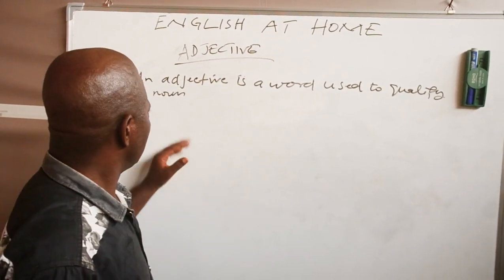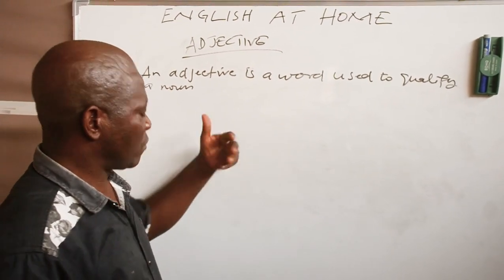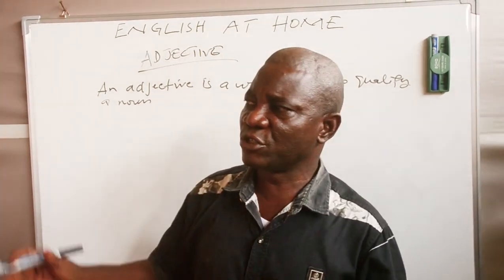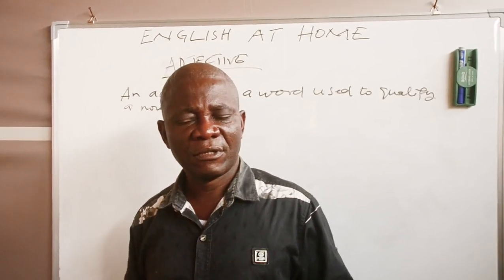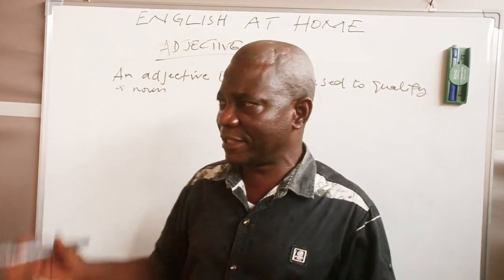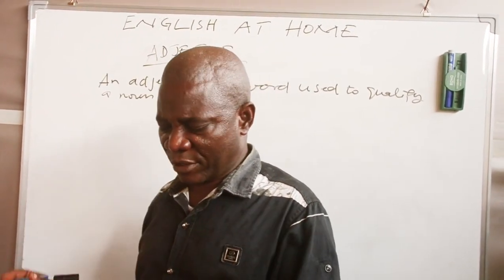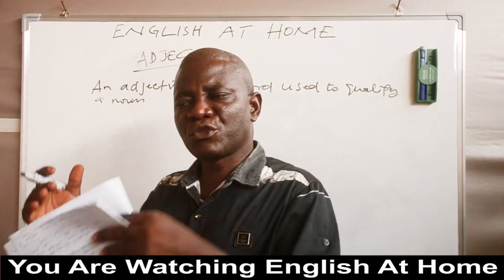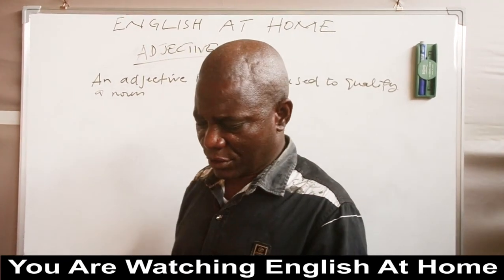But for now, have it: an adjective is a word used to qualify a noun. You can hear one or two things or read some sentences about a noun. Then when the adjective joins the noun in the sentence, you understand it clearer. That is what this definition is talking about. An adjective is a word used to tell us more about a noun.